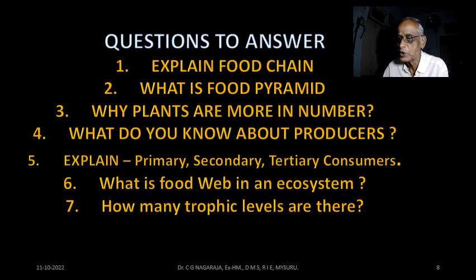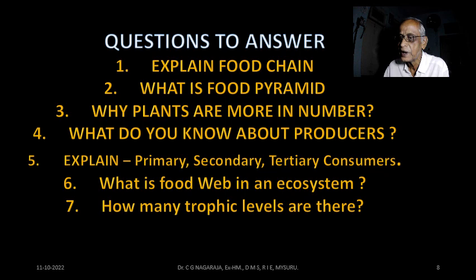As I told you, food chain describes which organism eats which other organism, and that kind of link is called a food chain. What is food pyramid? Food pyramid refers to dietary requirements of organisms, which you can explain in the form of a triangle. You can visualize it in the form of a triangle.